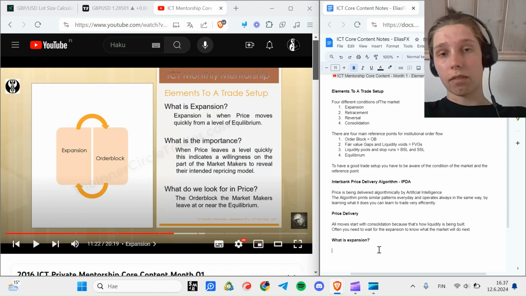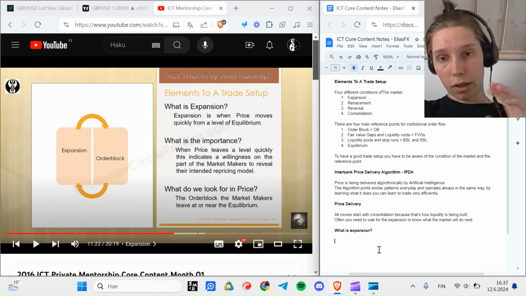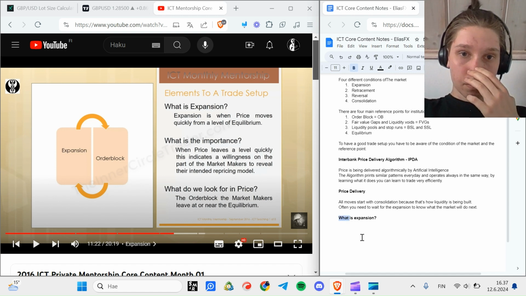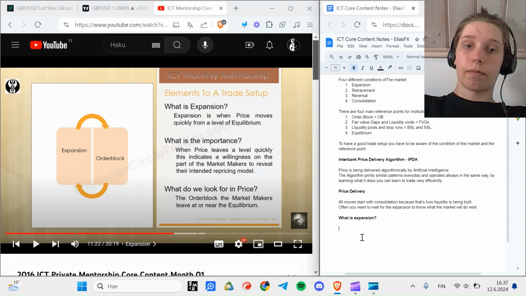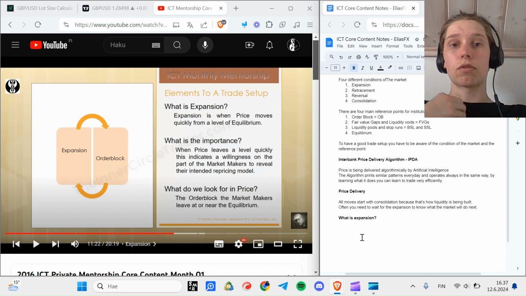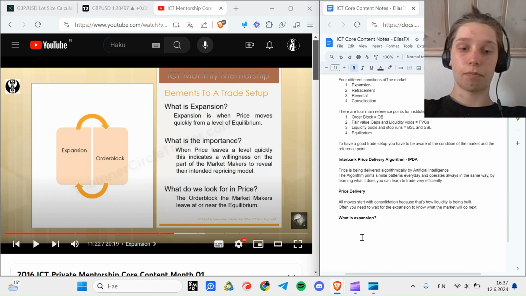So that is a good sign. So what is expansion? We are putting here: expansion is when price moves quickly away from equilibrium.